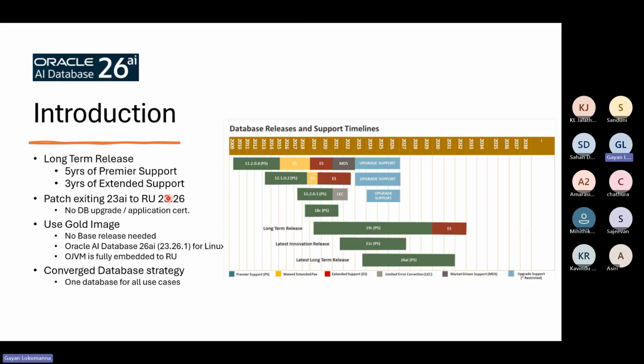Okay. And for on-prem users, of course, now we have the downloadable installation binaries, right? The downloadable installation binaries will come as 23.26.1. That's the first release of the 26 AI.